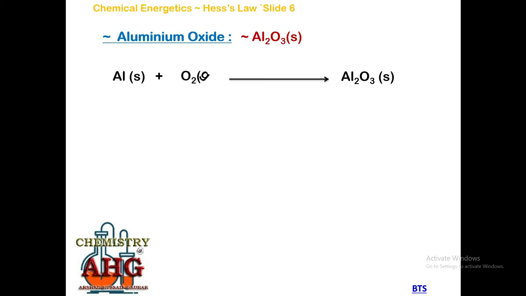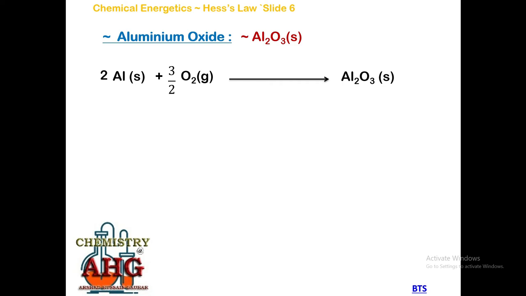To balance the equation, you must keep 1 mole of aluminum oxide on the right hand side. So we need 2 moles of aluminum and 3 by 2, or 1.5 moles of oxygen on the left hand side.